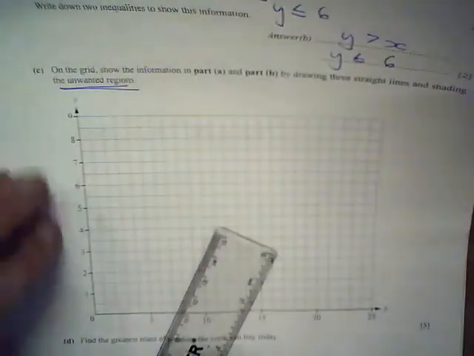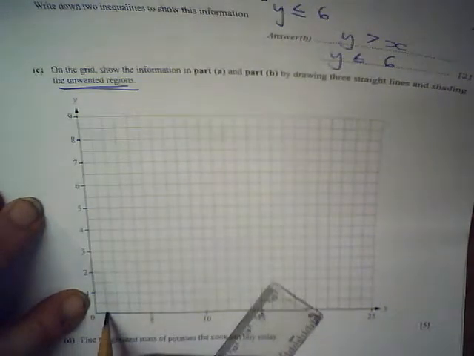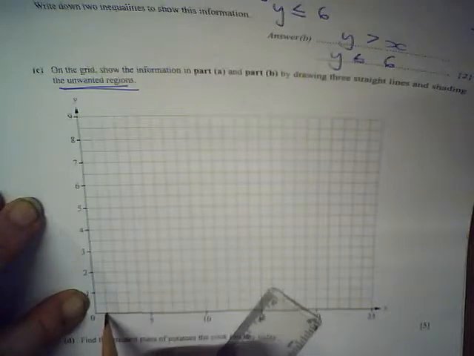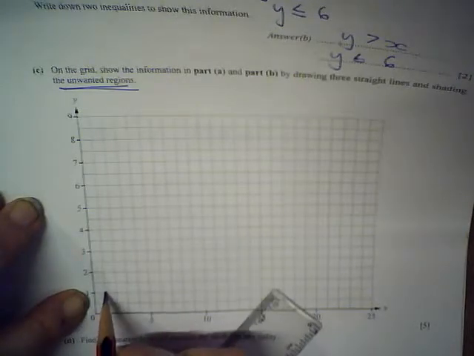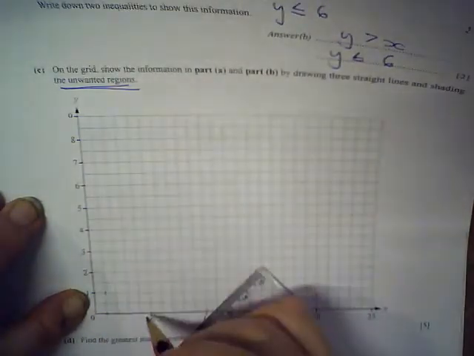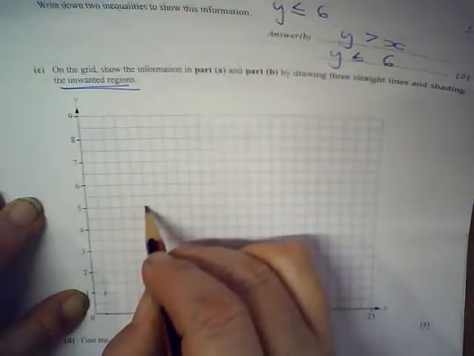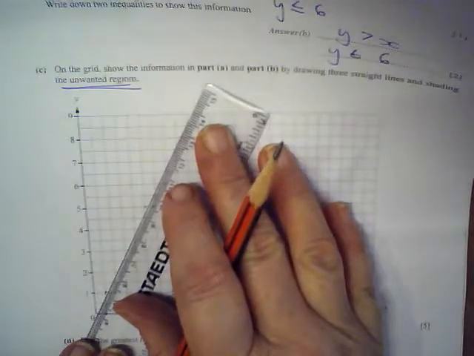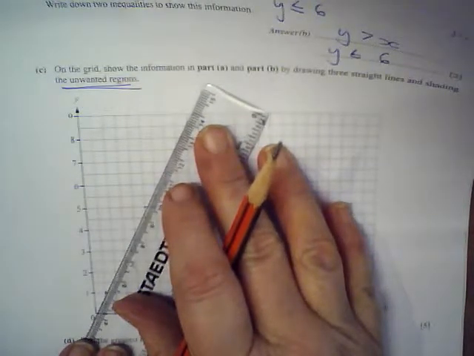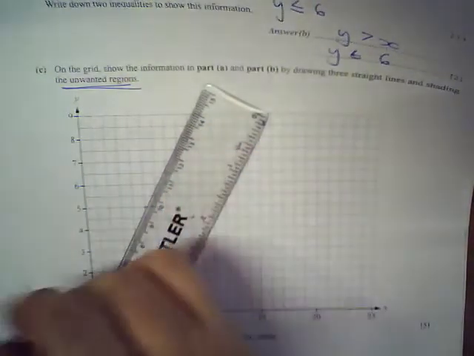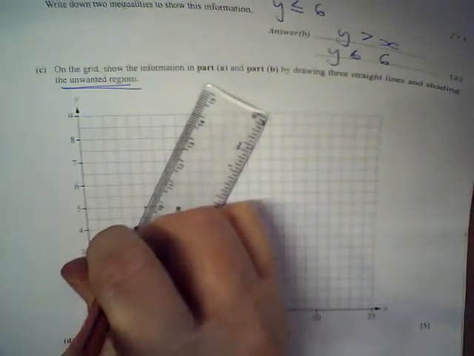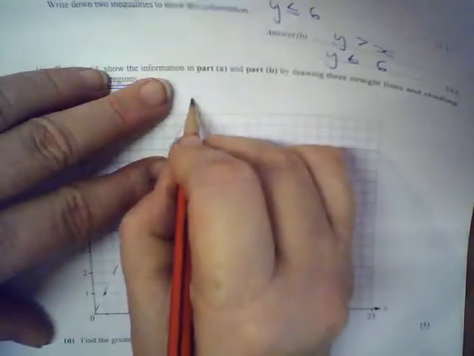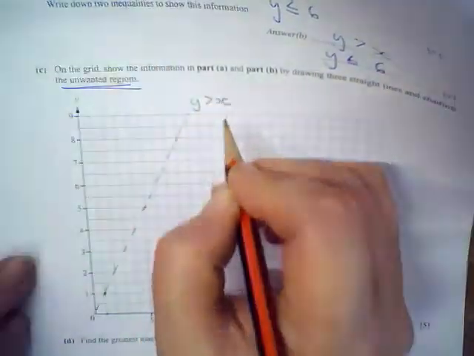The first one is 1 and 1, 1, 2, 3, 4, 5, so it must be 5 and 5, and that is the line y equals x. So I'm just going to draw it as an inequality and making a dotted line. Okay, this is the line y is greater than x.